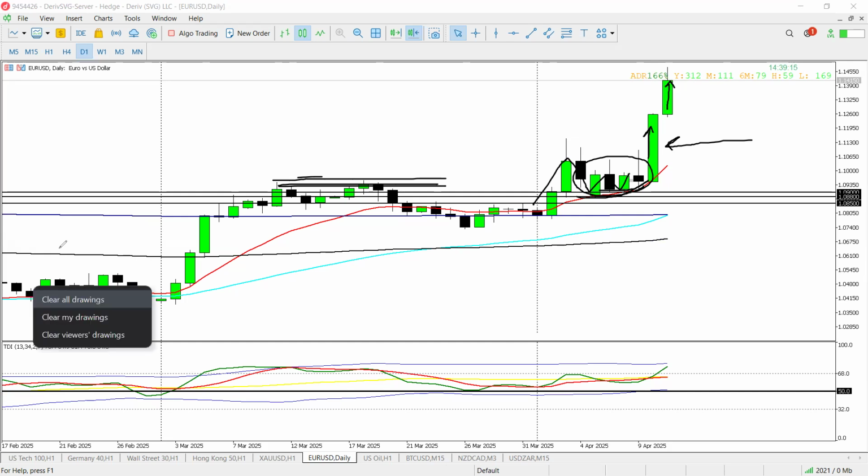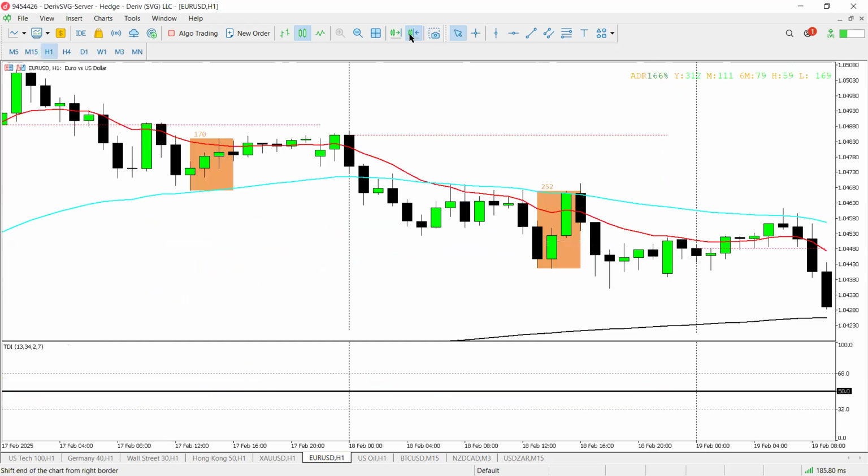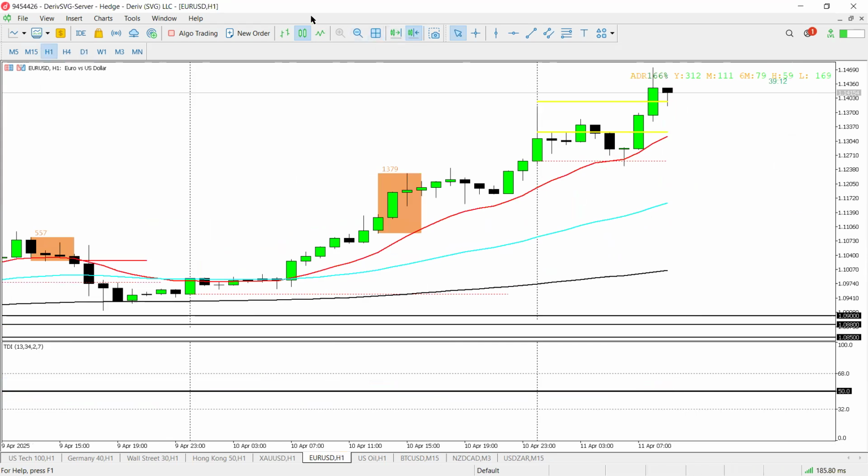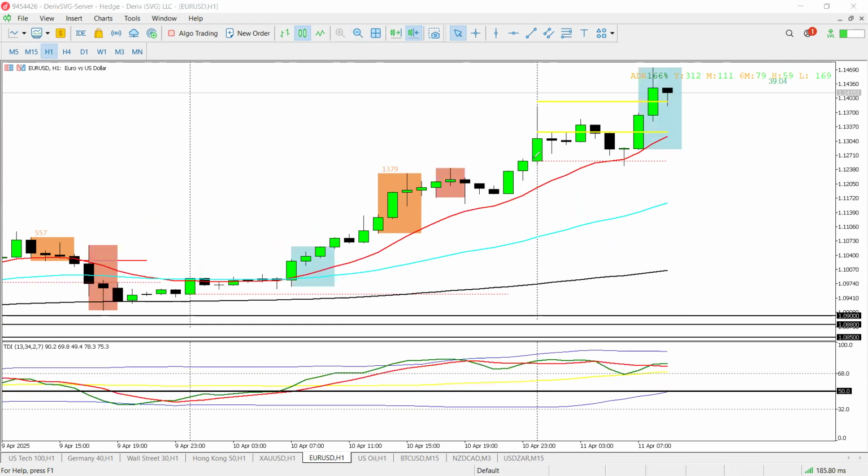So with that bias from a higher time frame, next, if you follow us, you know we just jump straight to the H1 to confirm that we are bullish. Here we realize that price actually came and found support again on the previous day's high. These are confluences, right? Previous day's high, we found support.